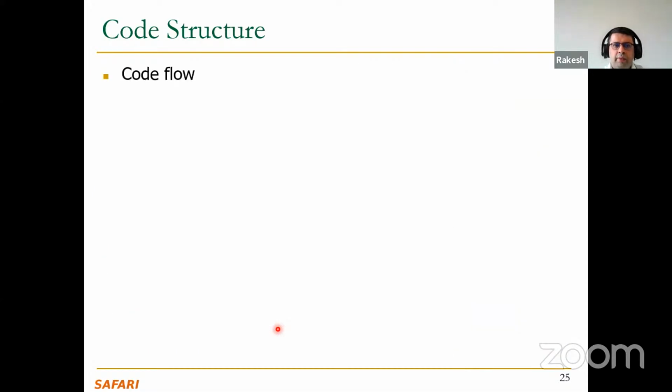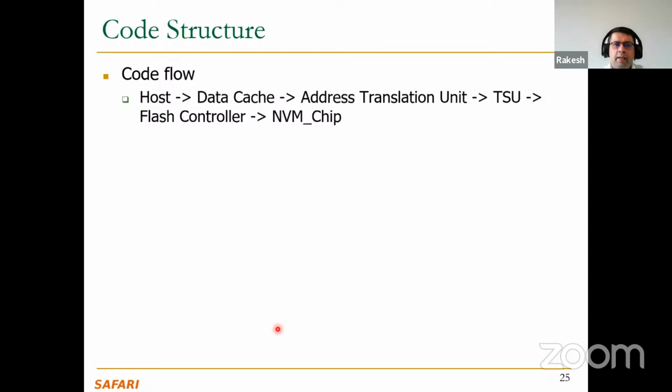So then we look at a simple code flow, how the data moves from the host to the backend. Here, the execution actually starts with the host. And as I mentioned, from the trace generation or the workload generation, it goes to the data cache, to see if the data is available there, or to store the data there.